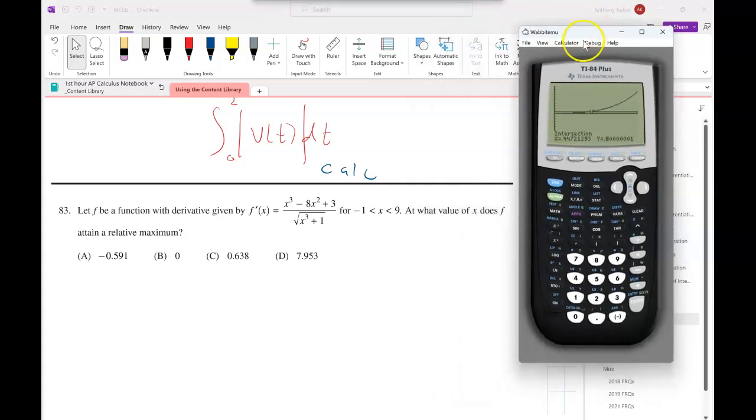So what I would do is type this function into y1.